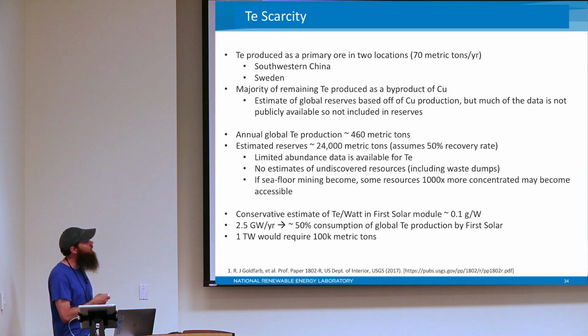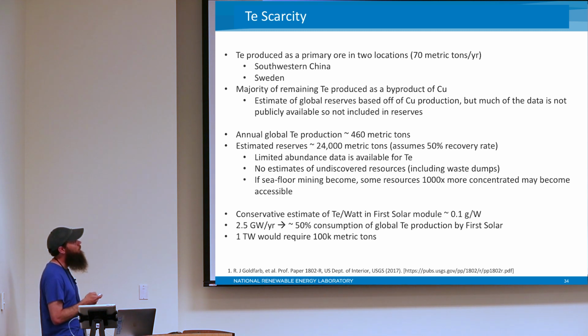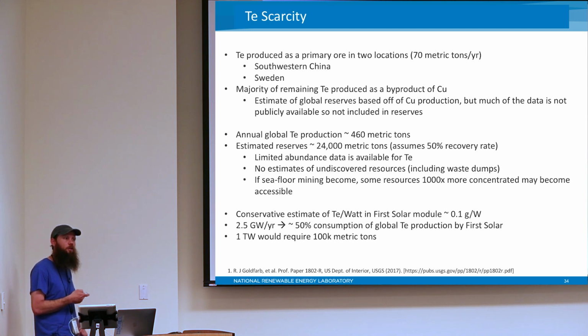But basically, tellurium comes as a byproduct of copper, because no one really wants to mine it. There are a couple of mines which are just tellurium mines in the world, but people are not mining waste dumps, and no one's generally trying to mine it at the moment. Getting actual estimates is hard: if you pull up the USGS reports, they admit there's limited data on it because not that many people care.